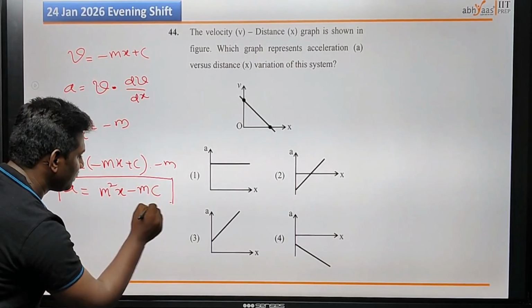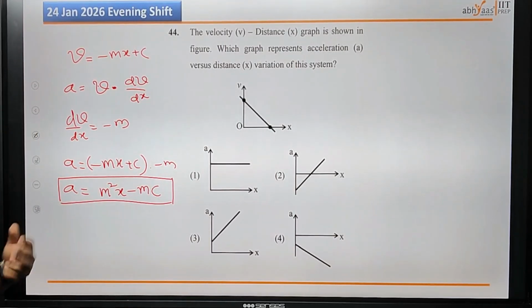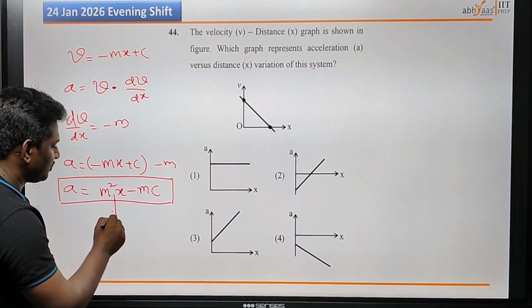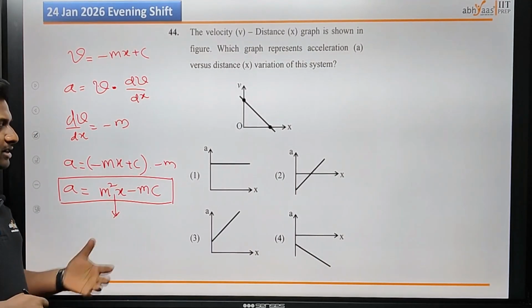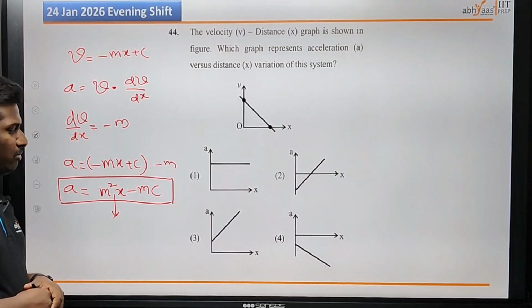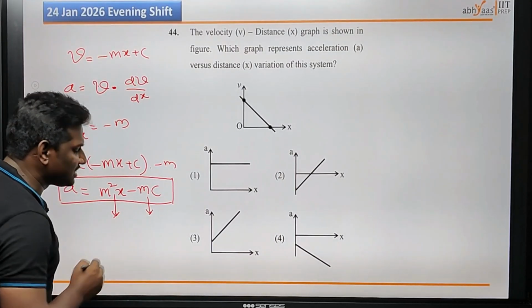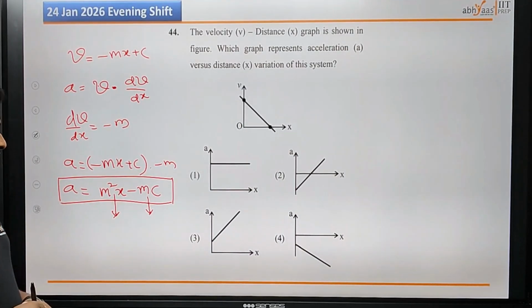This is our graph. What is this graph? So the slope is positive. Here the slope m square is positive, and we have one more intercept, that is a negative intercept.